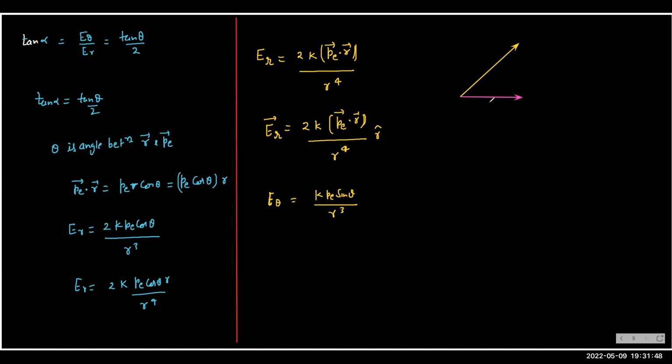If I call this p, and this r vector, and extend this line, if I draw a perpendicular from the p to this vector, so this vector will be p sin theta, right? Yes, sir.